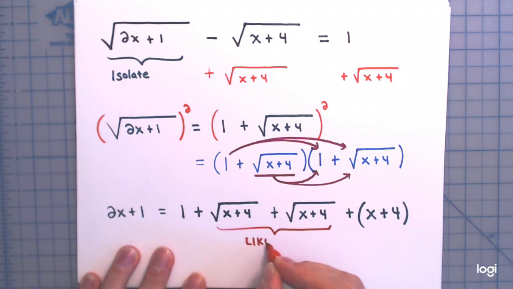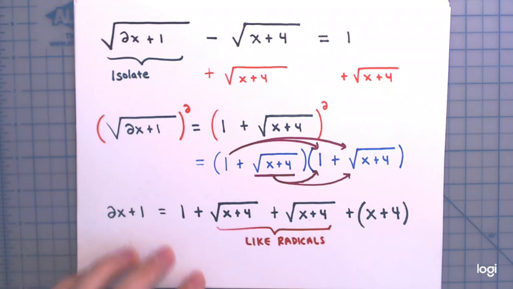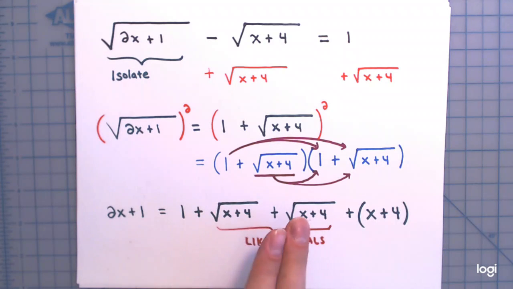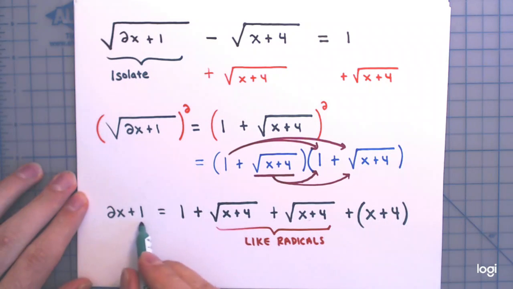So these are what they call like radicals. I did a video prior to this on adding and subtracting like radical expressions. You can only combine radical terms when they are like radicals like this, and you just combine the coefficients. This would be 1 plus 1. All right, so if I simplify the sides, the left side is still 2x plus 1.